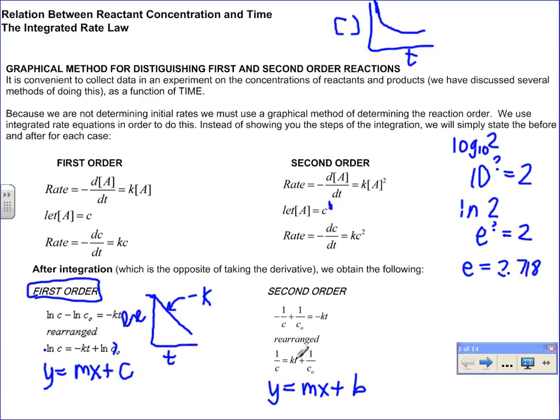The x value for this is t, and the intercept is 1 over C naught. So for a second order reaction, the graph that's going to give me a linear relationship is 1 over the concentration of C versus time. This time it's going to have a positive slope, and the slope is going to be k.